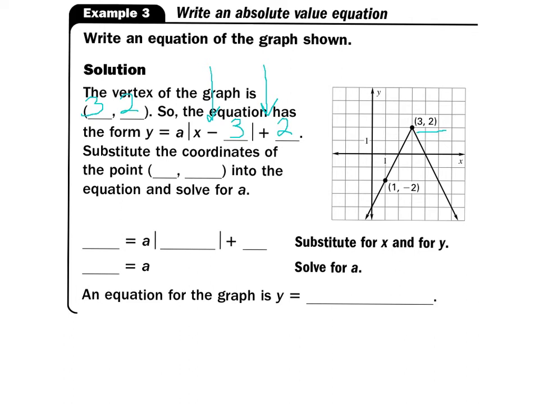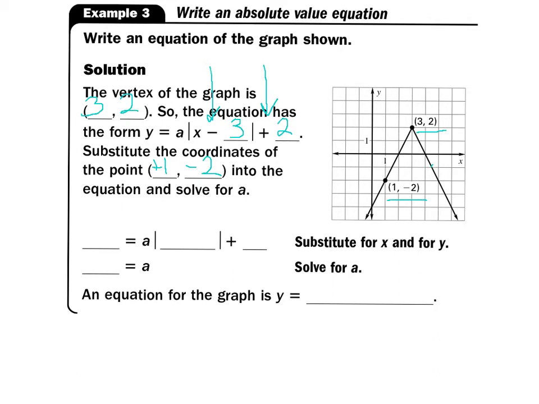Now I'm going to substitute the coordinates of the point, any point that lies on this graph, in a nice place. You want to use this point because it would be hard to read off what it was. So I'm going to use the point positive 1, negative 2.